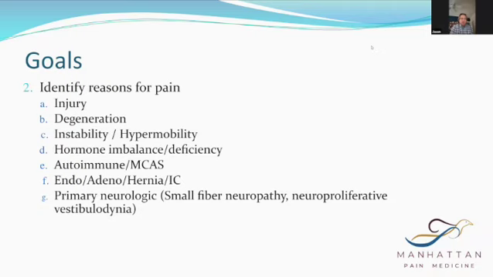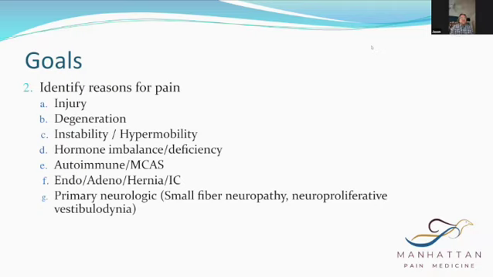Most of the patients that we're seeing aren't primary MCAS, which usually shows up in kids and they have anaphylaxis and things like that. Looking at endometriosis, adenomyosis, hernias, interstitial cystitis, any of those primary things. And then primary neurologic, like a small fiber neuropathy, which again, calling that primary, often it's secondary to an autoimmune issue. It doesn't have to be, or primary neuroproliferative vestibulodynia, something like that, which is a primary neurologic process.